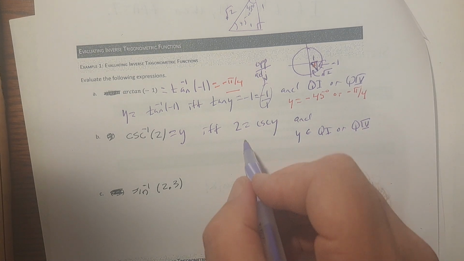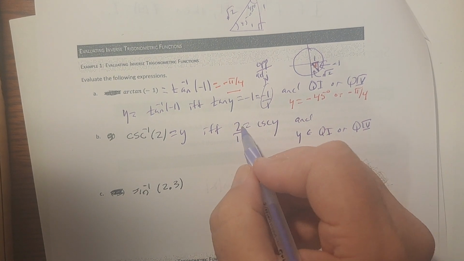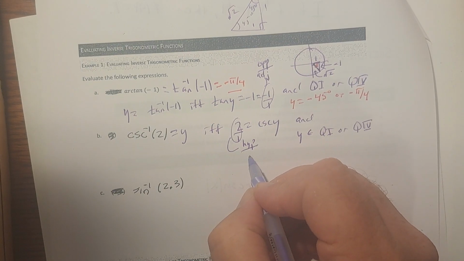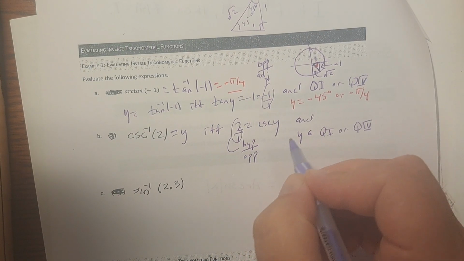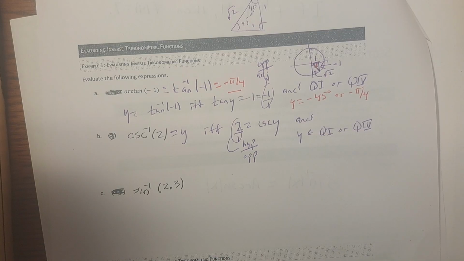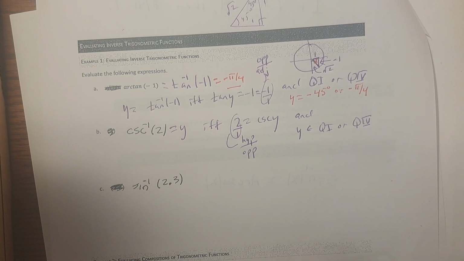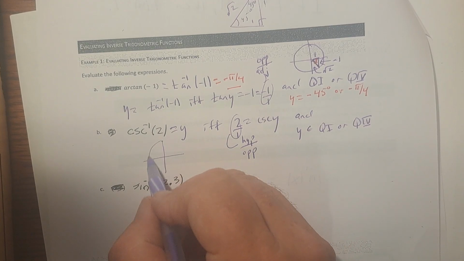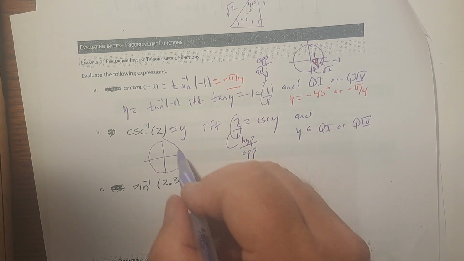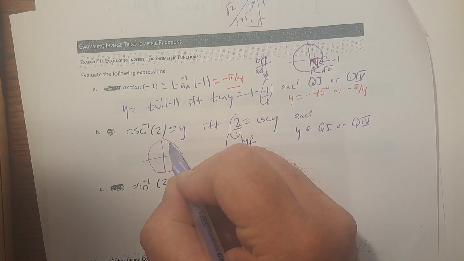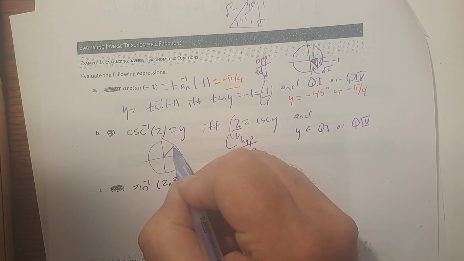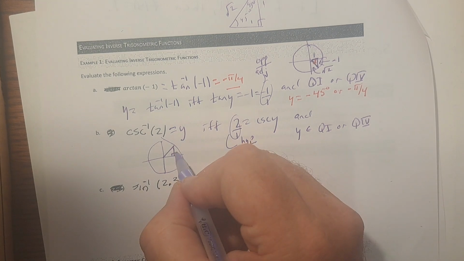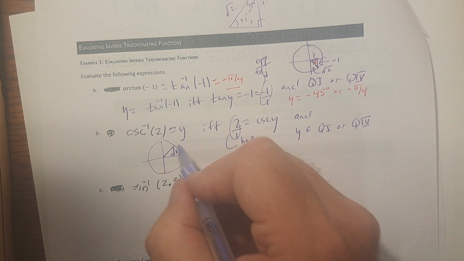I can think of the number 2 as 2/1. That way I can have a hypotenuse and I can have an opposite side, because cosecant is hypotenuse divided by opposite. Okay, so that would mean I would go some amount to the right. I would go up 1, and my hypotenuse would be 2.